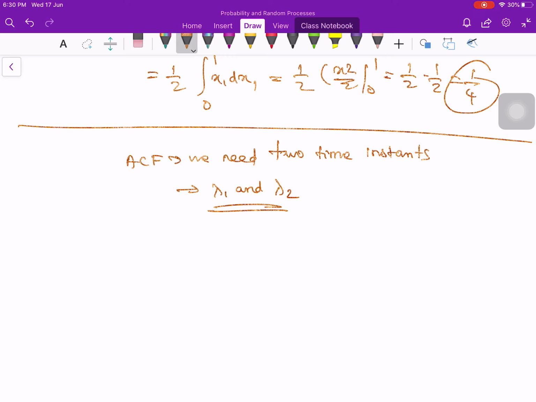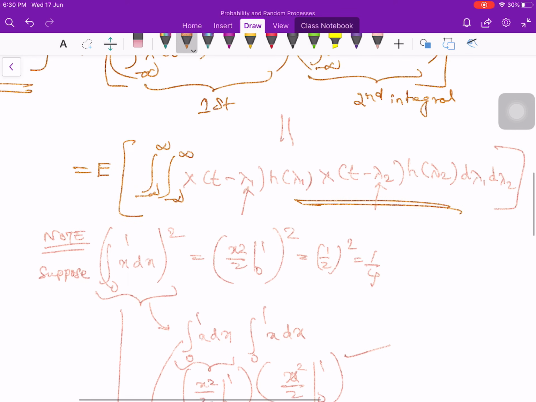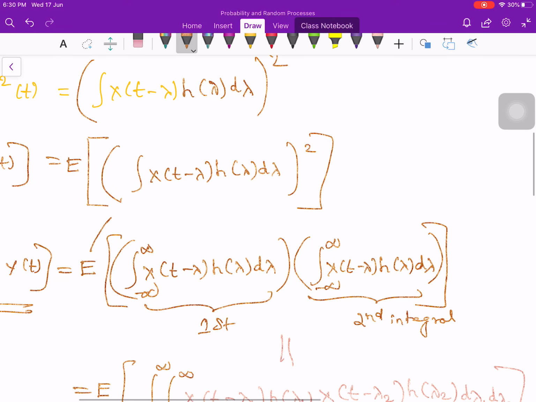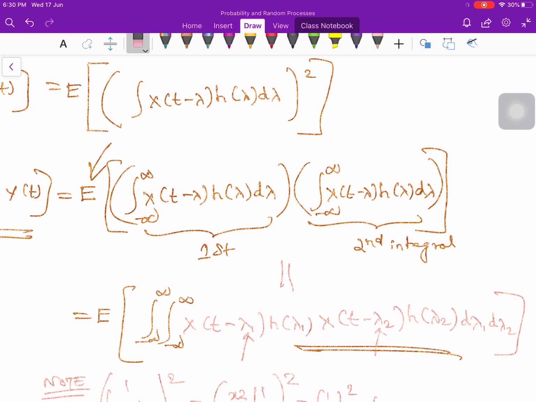Now what I do is play the usual trick, that is, interchange the expectation and integration operators. If you look, the integration is here and here; this operation and this operation, you interchange both.